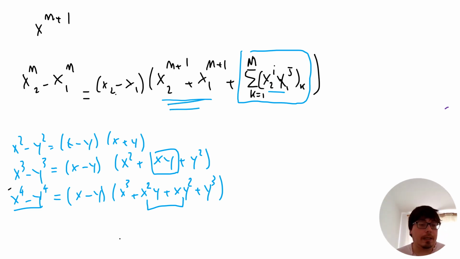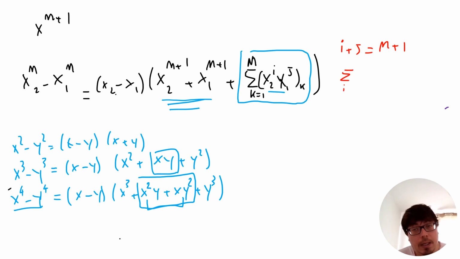So what I'm saying is that we can assume there will be a sum of terms, and the important thing we need to remember is that the sum will be such that for i times j, the powers of the two elements in the product will be n plus 1 in this case, and the sum goes from k equals 1 to n, which is one step less than the maximum exponent, n plus 1.